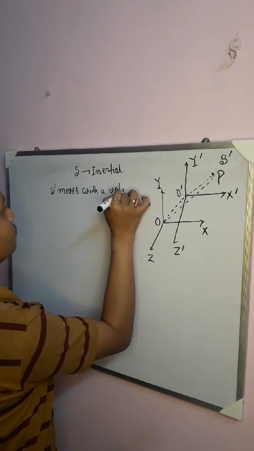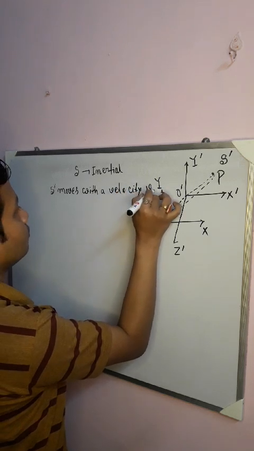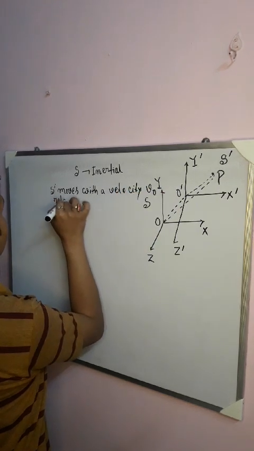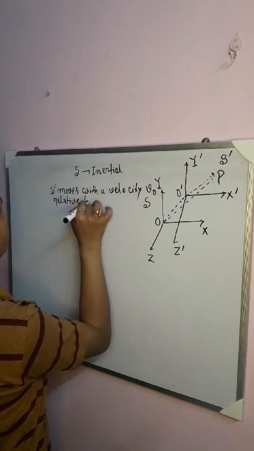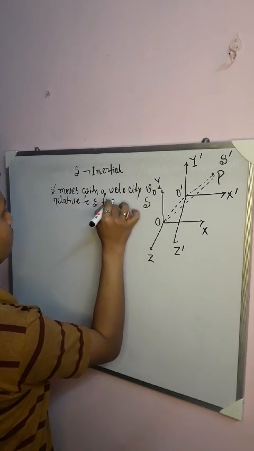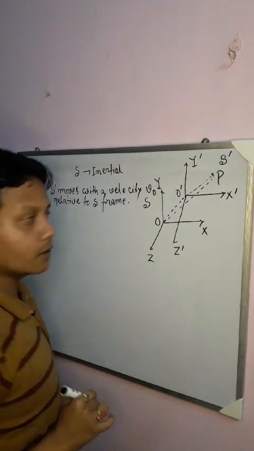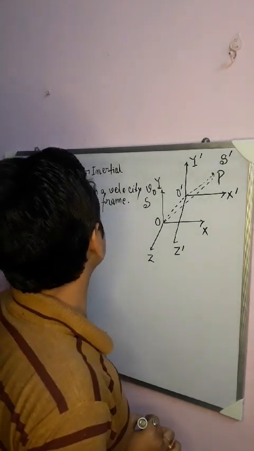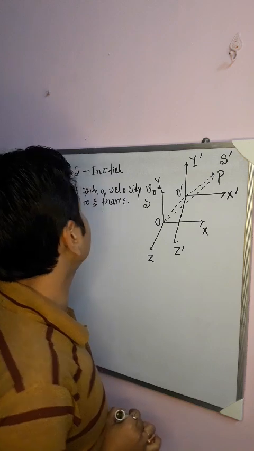Okay, the S dash is moving with a velocity v naught relative to the S frame.